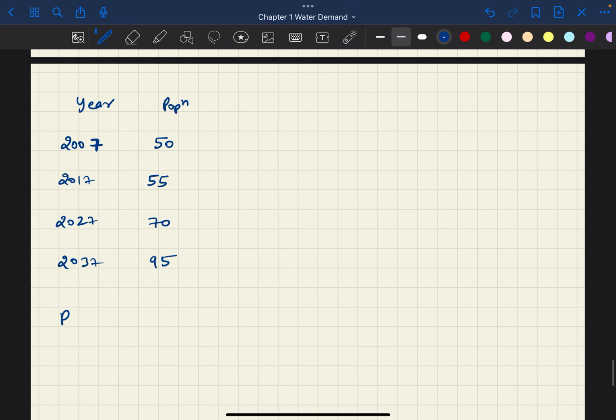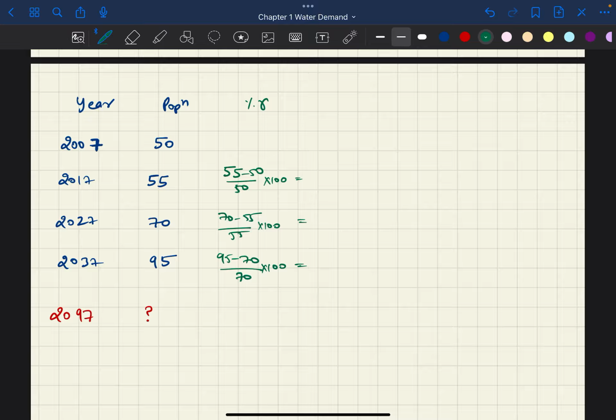So what is going to be the population in 2097, let's say? For this we have to calculate first r percentage. It will be calculated like this: 55 minus 50 divided by 50 into 100, 70 minus 55 divided by 55 into 100, 95 minus 70 divided by 70 into 100.